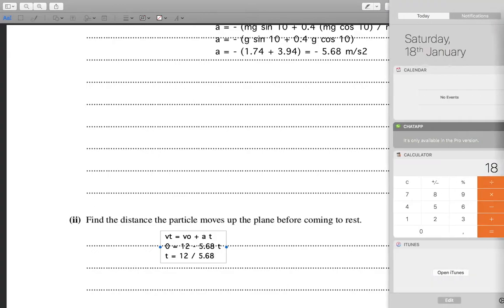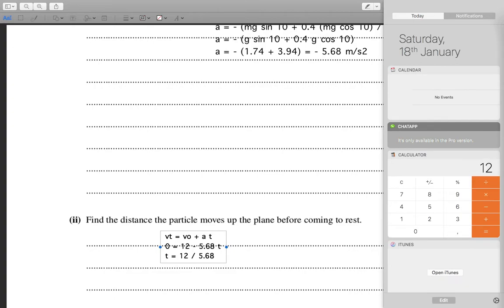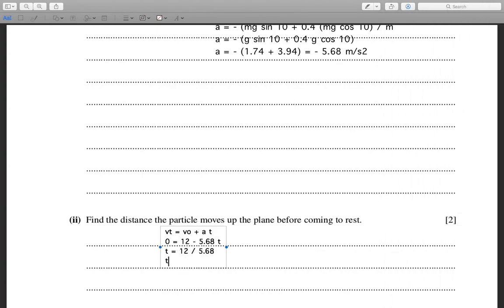We use the calculator here. 12 divided by 5.68, and then we get 2.11. The time taken is 2.11 seconds.